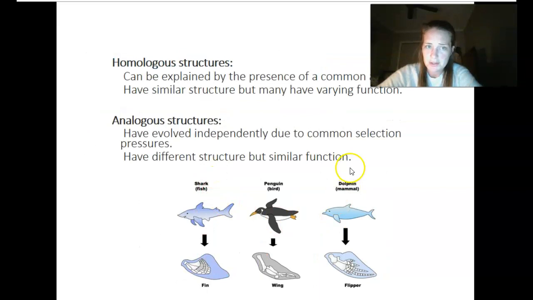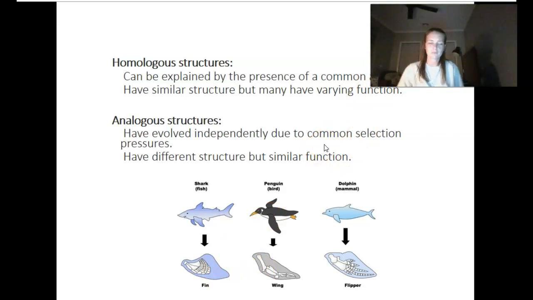Analogous structures are kind of the opposite. So they have a similar function, but different structure. So where a shark, a penguin, and a dolphin, their limbs look similar on the outside, but the structure hidden beneath is quite different. So this is an independent evolution of a feature.